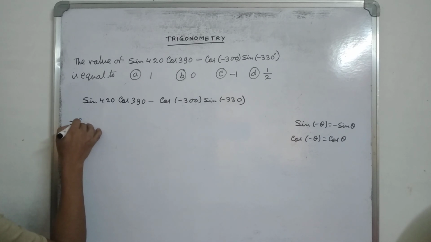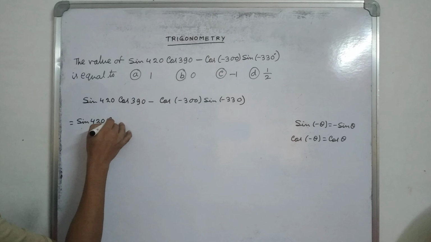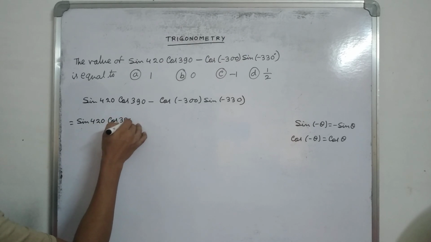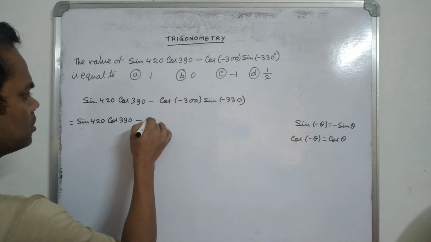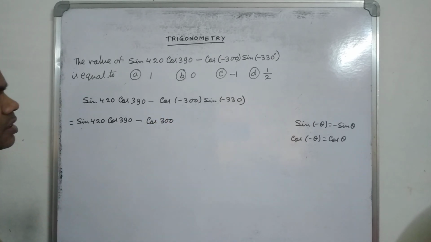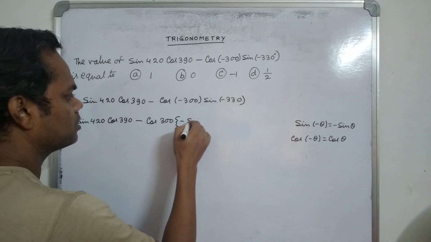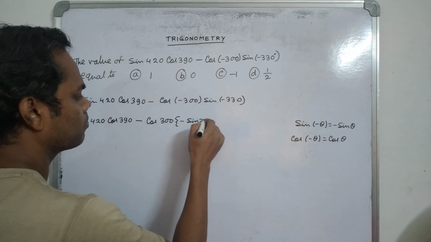So by applying this, sin 420 cos 390, cos of minus theta is cos theta, so cos 300, and sin of minus theta is minus sin theta, so minus sin 330.